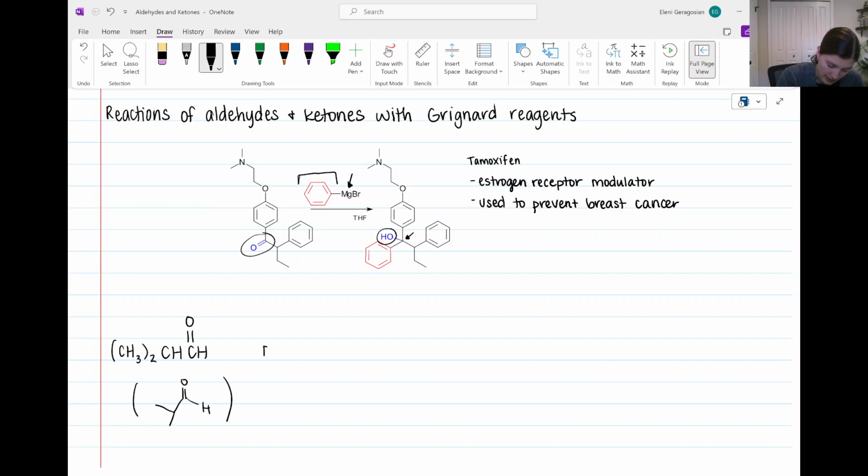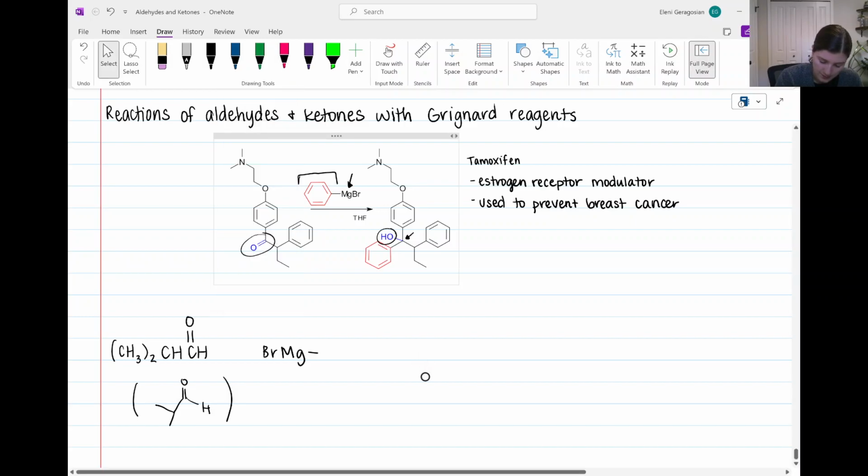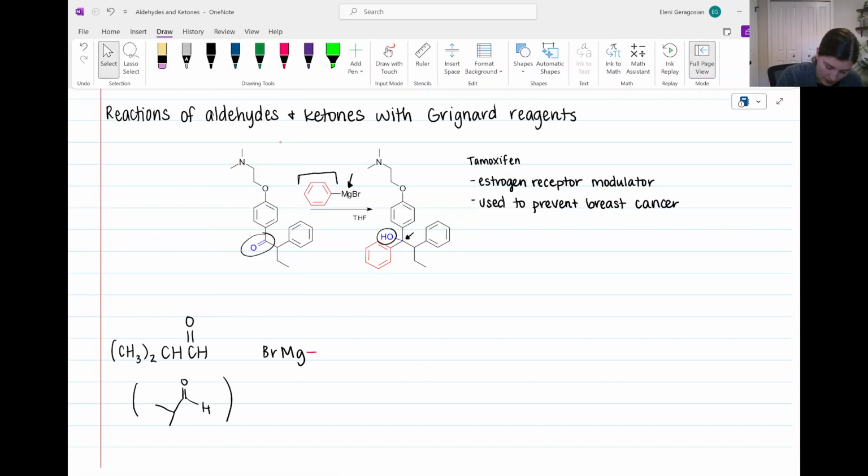So we could add our metallic part, and then we'll do this in pink to emphasize the organic part of the molecule. Let's say we have an ethyl group. So we call this an organometallic reagent.